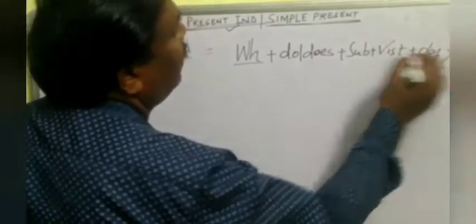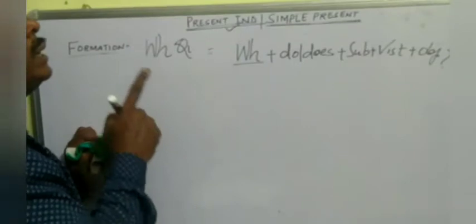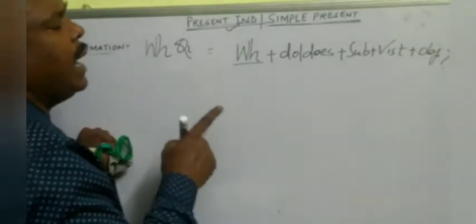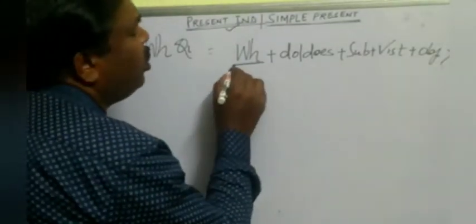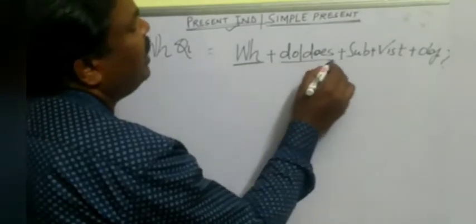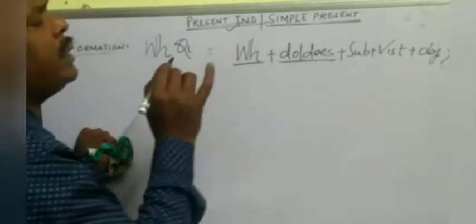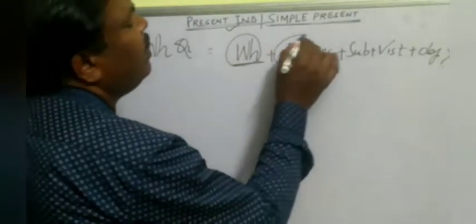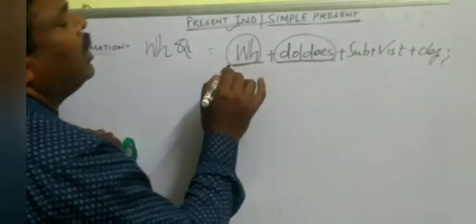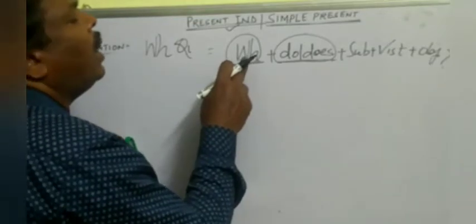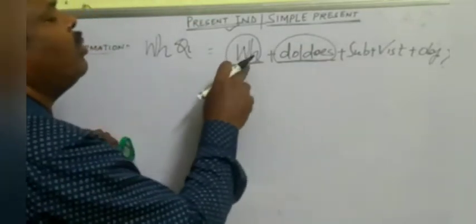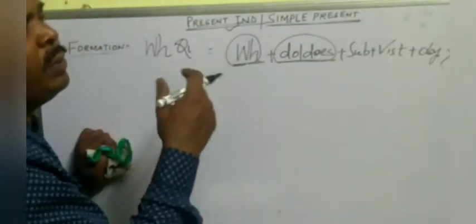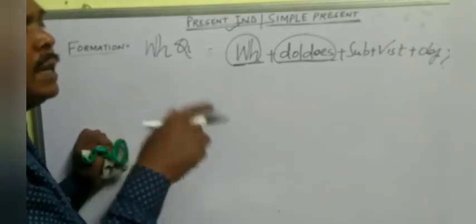Okay, question. Remember, in tense after WH word there will be helping verb. If you are writing subject after WH word, then that will be considered as assertive.